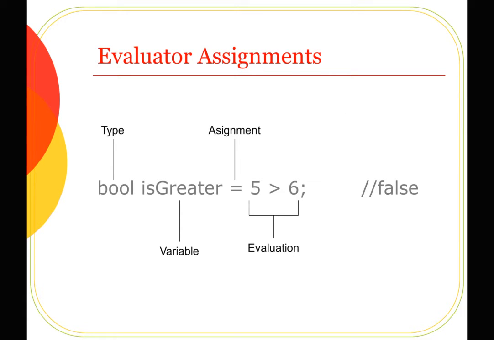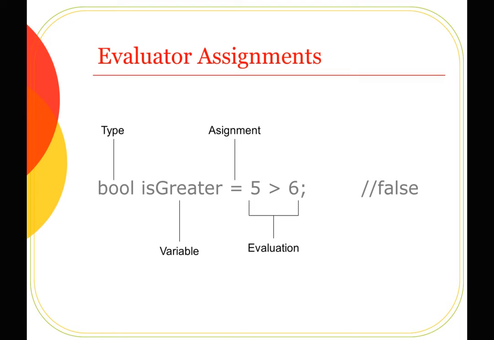So let's talk about how to assign evaluations to objects. Well, you need a type, and that is a bool. You need a variable. In this case, we named our variable isGreaterThan. Now, a side note on variables: you can make your variables anything you want to. This is plain English.